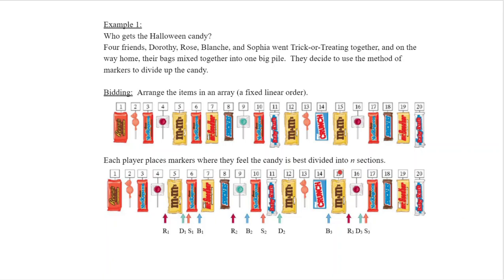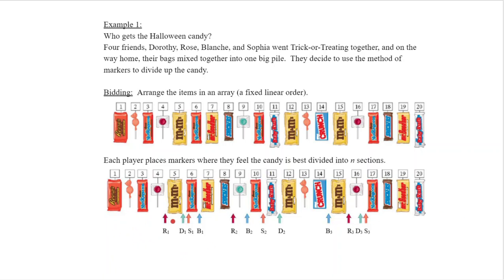Okay, so you can see we have our 20 pieces of candy here. Now, each player is going to place a marker to divide up the candy into what they believe are 4 equal sections.